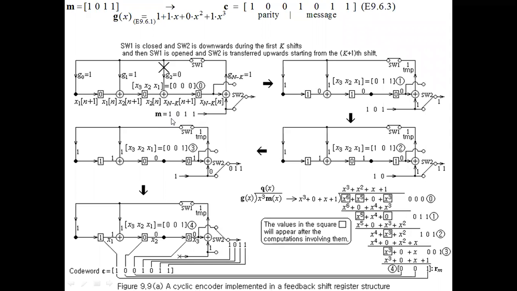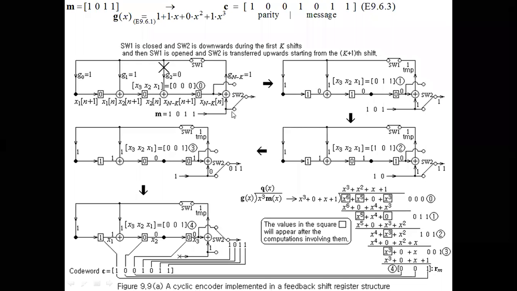Once all the inputs are given, switch 1 is opened and switch 2 is closed. Closed in the sense, this is the down position.